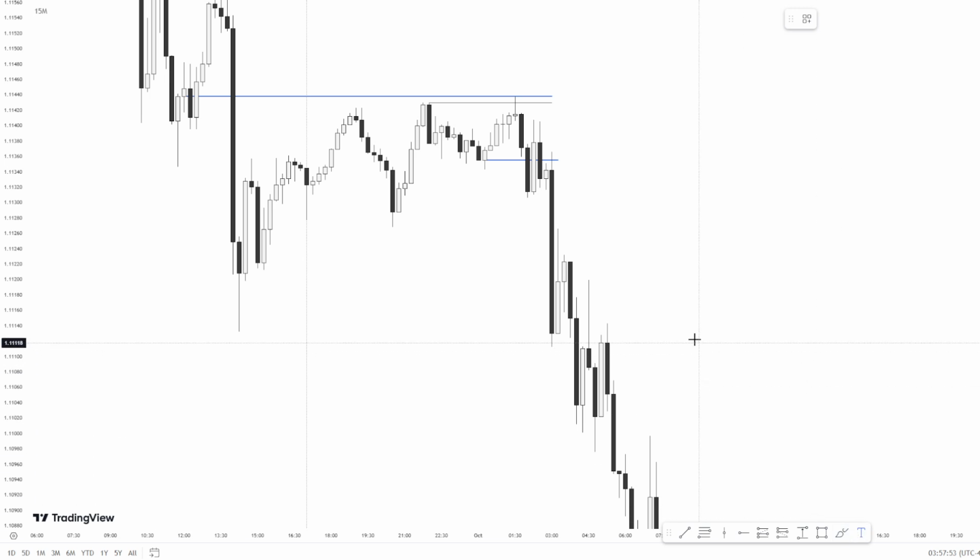And I always talk about how I like 3 a.m. in London as a particular time that I look to frame two things. If 3 a.m. reverses, I will expect the next volatility driver, which is 8:30 or 9:30, to expand price.